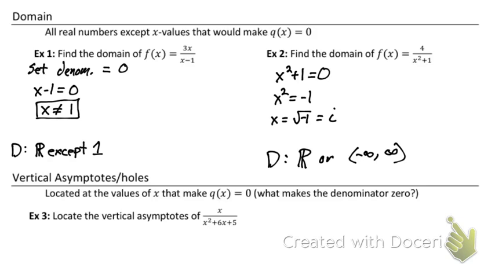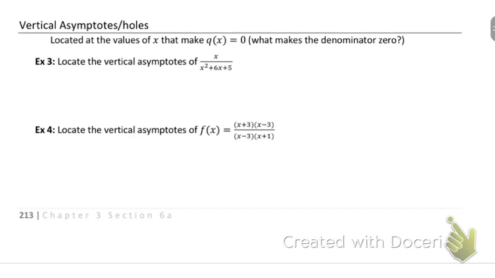Something happens specifically on your graph, and that is a vertical asymptote or a hole. A vertical asymptote or a hole happens, and it's located at any value of x that makes your denominator equal to 0. So we're doing the same thing as the check before. We're looking at what makes our denominator 0.